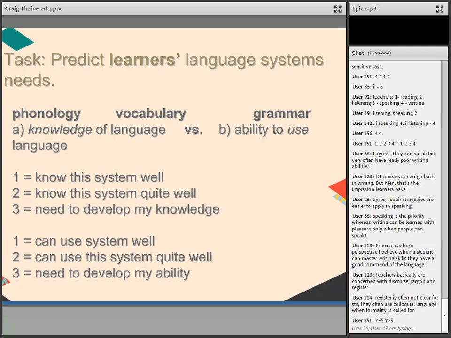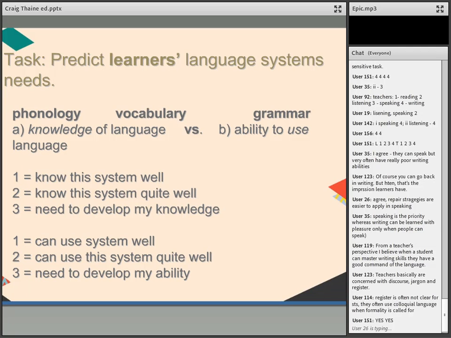So let's now move on, and this time we're going to focus only on learners and their language system needs. So we're looking at phonology, vocabulary, and grammar. Now, when I wrote the questionnaire, I asked both learners and teachers to focus on two aspects of each language system. The first was their knowledge of the language.